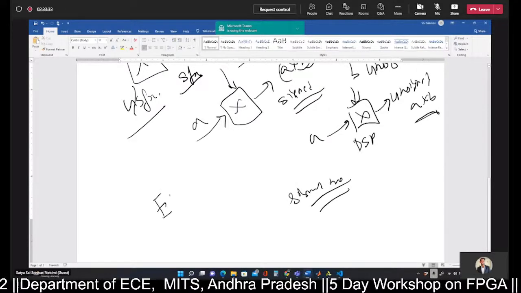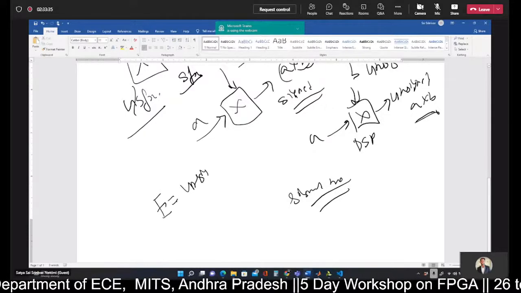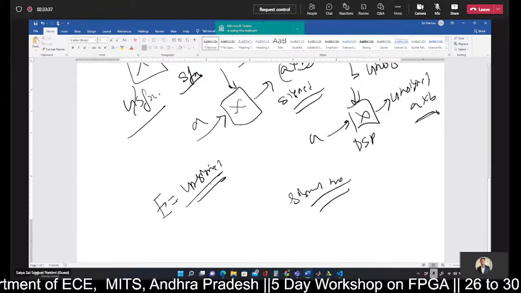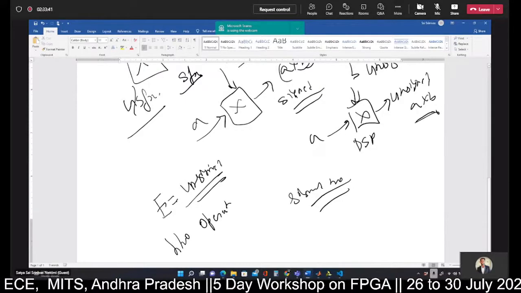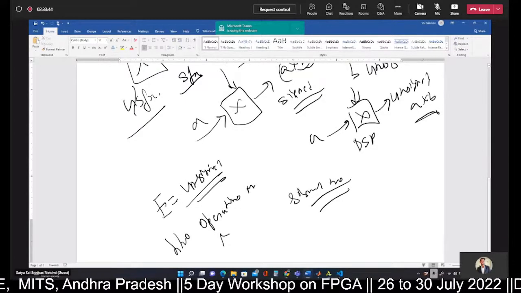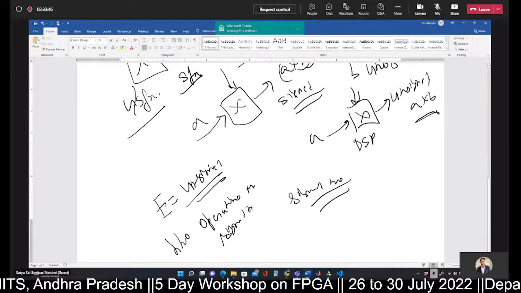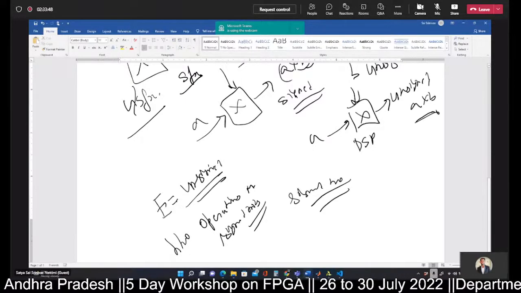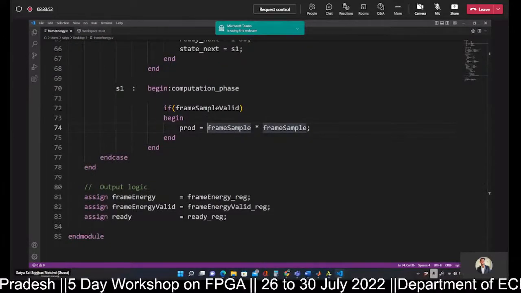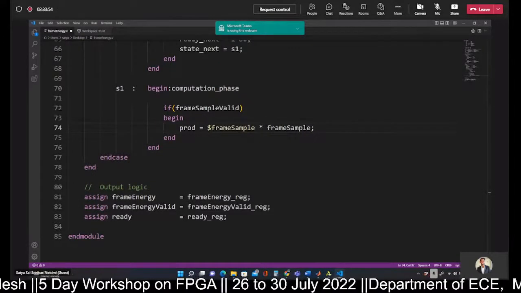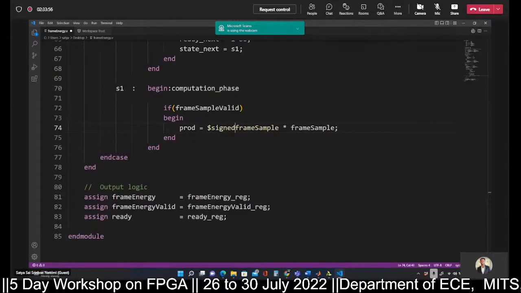The end result energy is unsigned, but however we are performing operations on signed numbers. So for that, you have to use the keyword $signed.